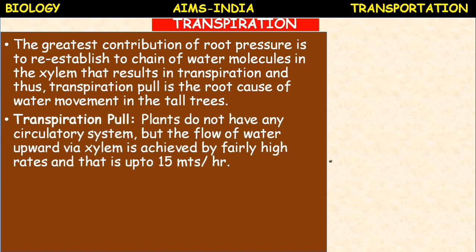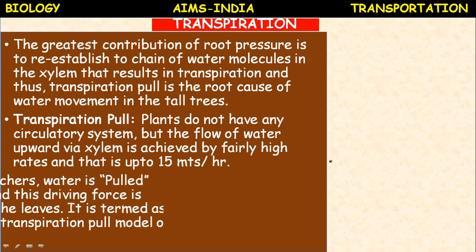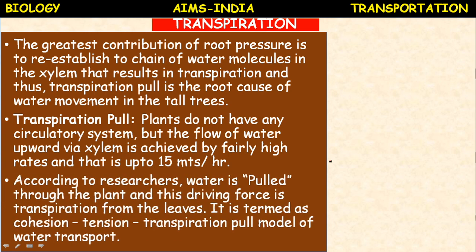Transpiration pull. Plants do not have any circulatory system, but the flow of water upwards via xylem is achieved at fairly high rates, up to 15 meters per hour. According to researchers, water is pulled through the plant, and the driving force is transpiration from the leaves.